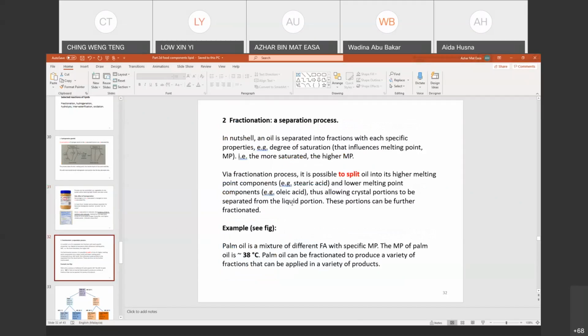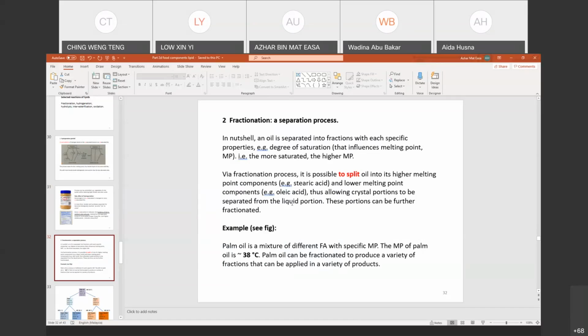Okay, number 2 is fractionation. Basically, it is a separation process. Oil is separated into fractions with each specific properties. So you have degree of saturation. The more saturated, the higher the melting point.